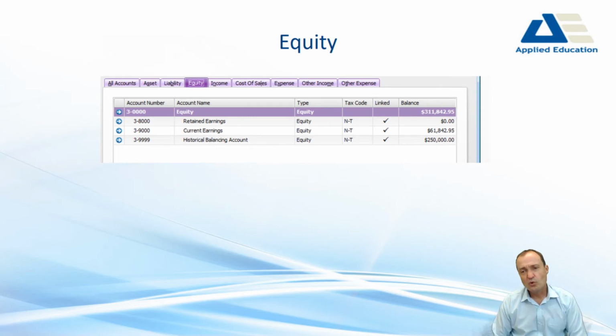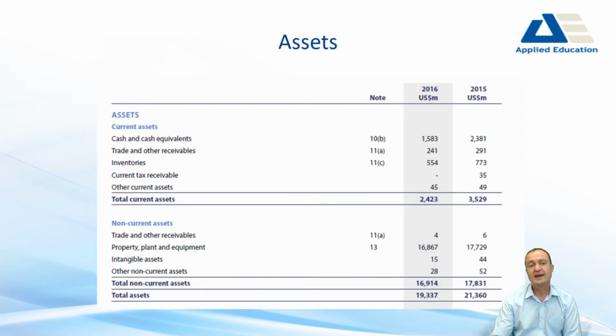Now, in small business, that's normally how it would be displayed if you were to run a balance sheet report. But in a large business, I'm talking about large proprietary companies with a turnover of more than 2 million, or perhaps somebody that's listed on the stock exchange.